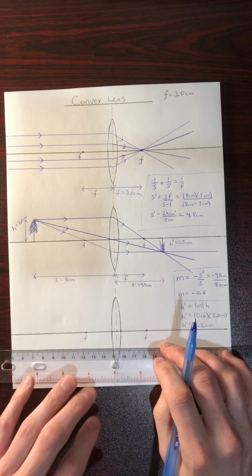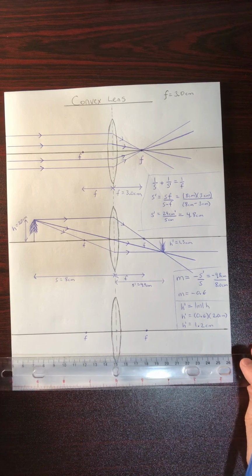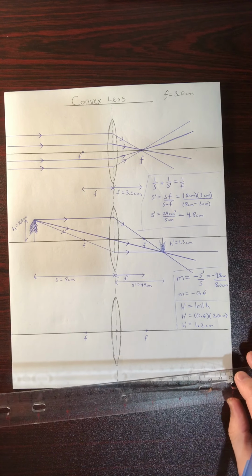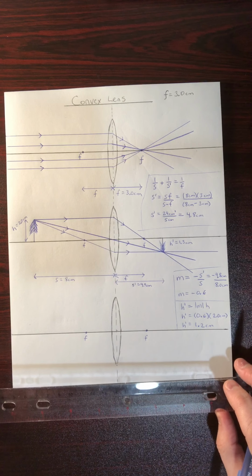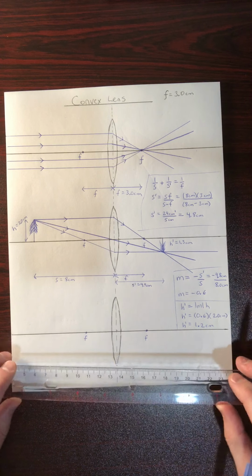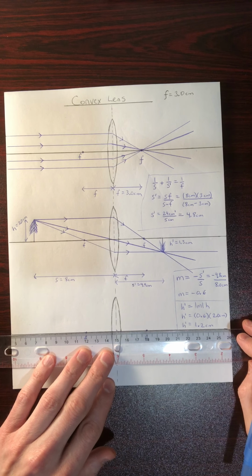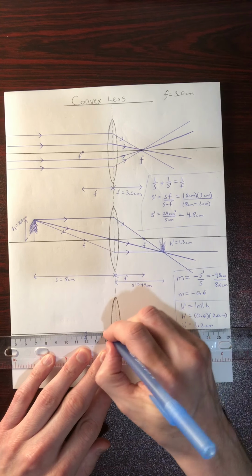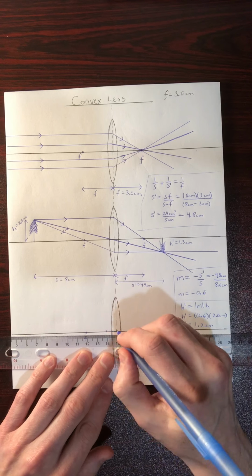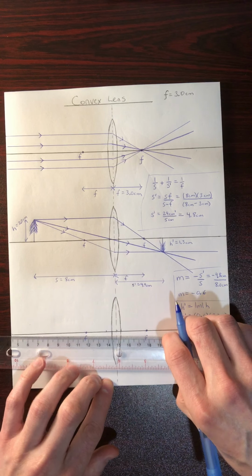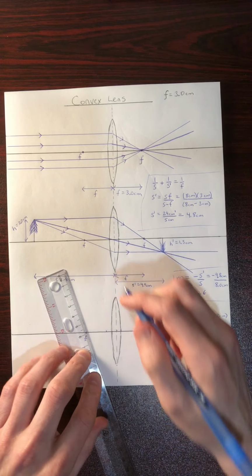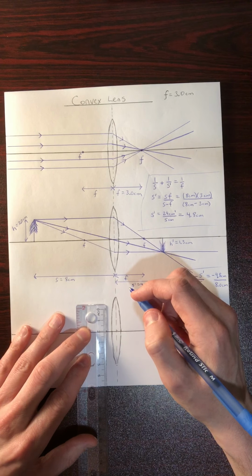And then we're going to put an object, let's put it inside the focal point. And so we can put the object, let's say, 1 centimeter away from the middle of the lens. Okay, so I'm going to put it right here, let's say. And I'm going to do what I did before, where it's going to be 2 centimeters high.